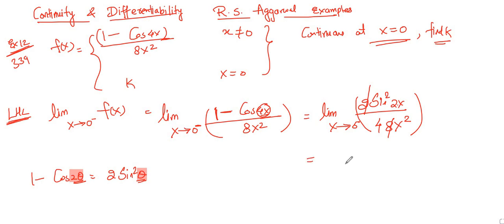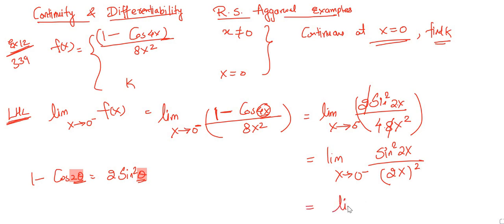Now we will do one manipulation. See, this 2 cancel and it is 4. So this question became limit x tending to 0 of sine square 2x by 4x square. Right? This 4x square, can I write, just for some time, can I write 2x whole square? Correct?